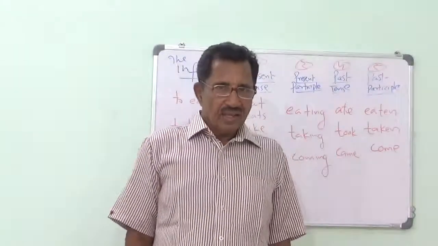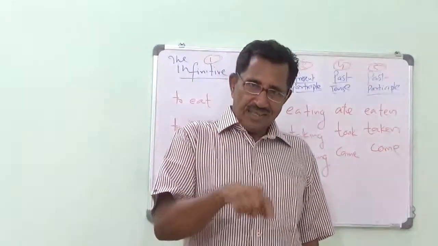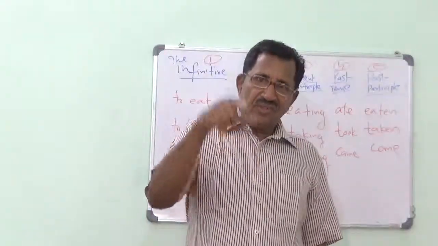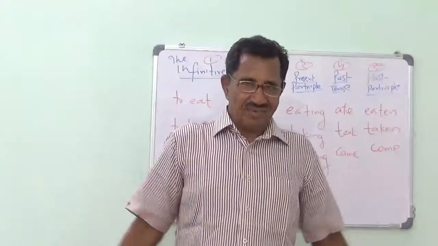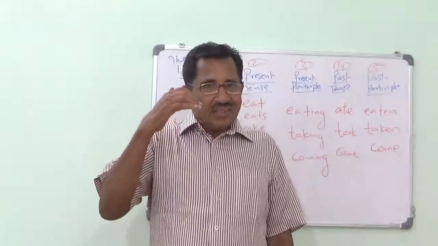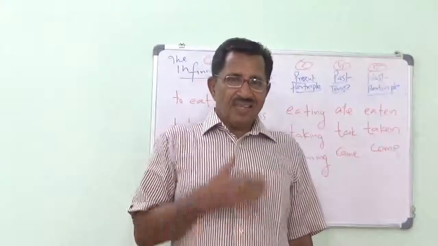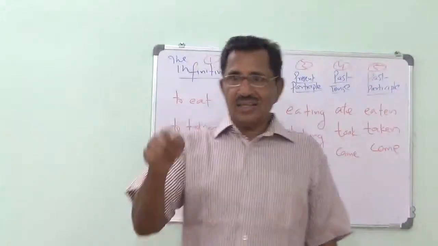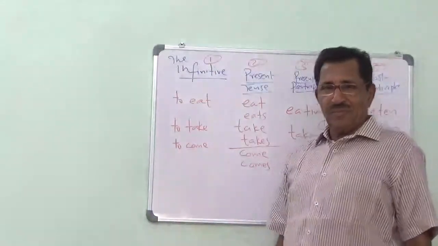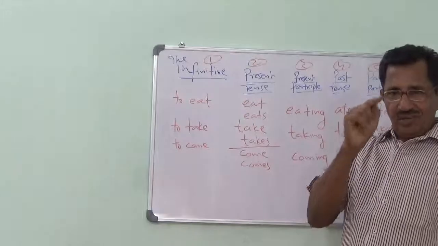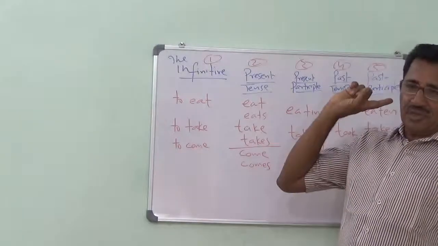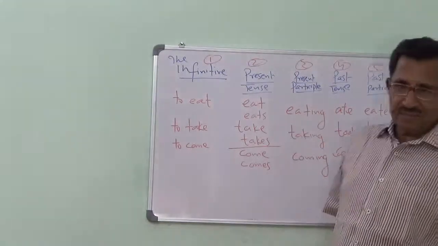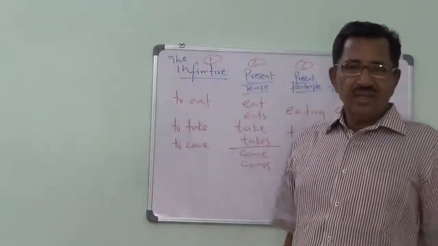Simple. To look, looks, looking, looked, looked. Such verbs where there is a rhythm like this, you can predict what will be the next form. If you know look, then you know the past tense will be ed and past participle is ed. If you get laugh, you know there is rhythm.